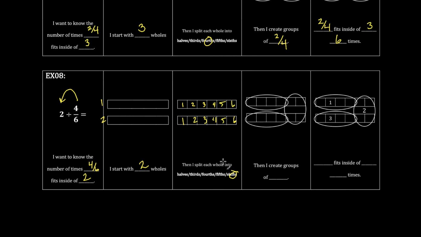I want to know how many times 4/6 go into 2, so I want to split them up into groups of 4/6. 1, 2, 3, 4 sixths. Then I create groups of 4/6, and I want to see how many times 4/6 fits into 2.